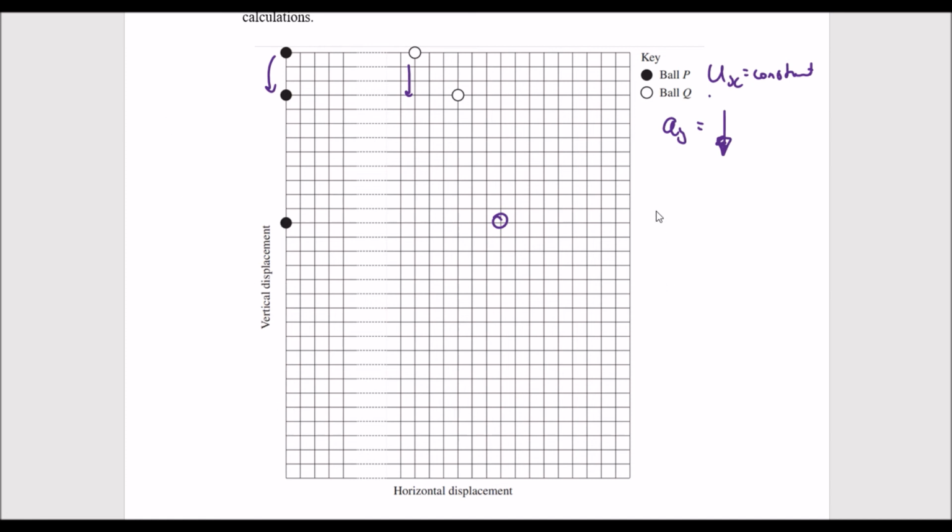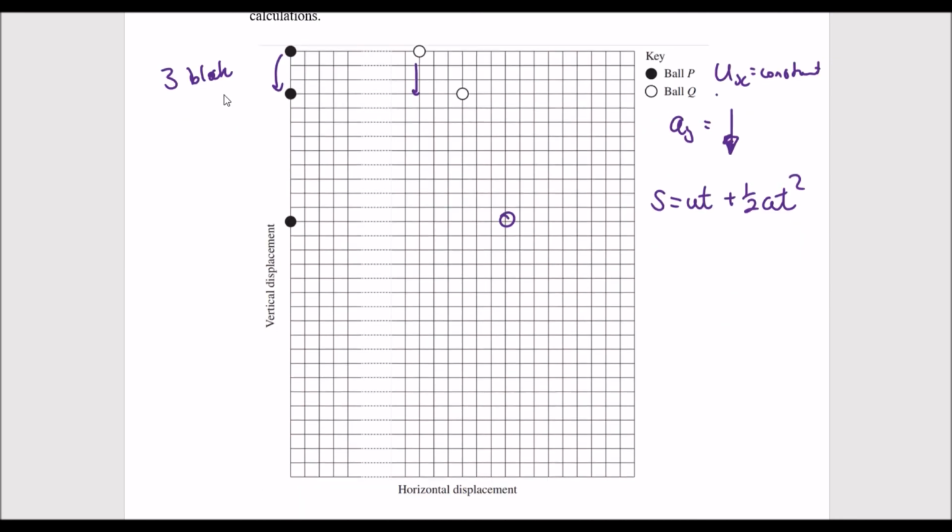And we can use the formula S equals UT plus half AT squared to help us solve the problem. So let's imagine the 3 blocks here. So that's 3 blocks. And we have a time pass of 1 second. Okay? We know that whilst this is being dropped, the initial vertical velocity is 0.